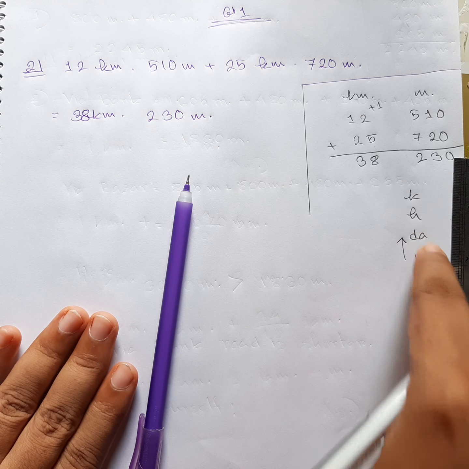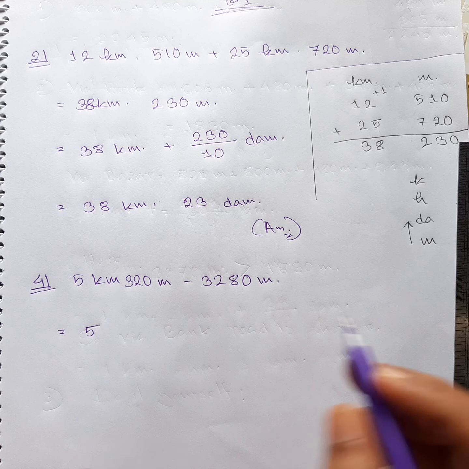Okay, now this one, oh no, sorry, this one. Now I'm going to write down 5, the first number. Now in 1 kilometer, how many meter?